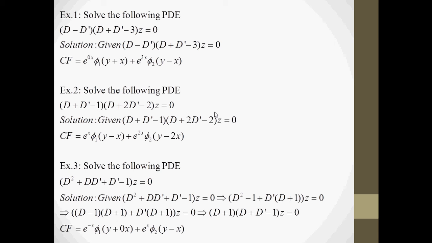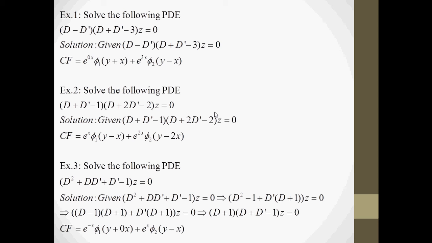The coefficient of D' is -1, that is, the value of m is 1. The complementary function of the first bracket is e^(0x) φ1(y + x). Now in the second bracket the constant value is 3, so the complementary function will be e^(3x), and the value of m is -1, so φ2(y - x).